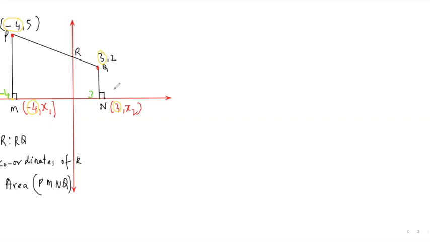Now finding PR is to RQ. Let it be in the ratio of, say, K is to 1. Let m1 equals K, m2 equals 1.